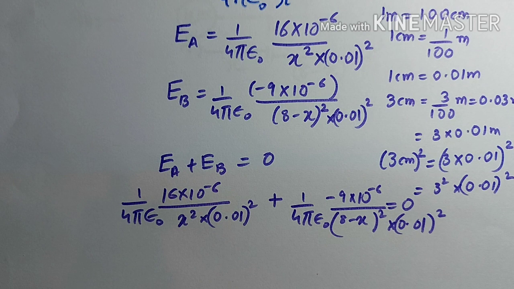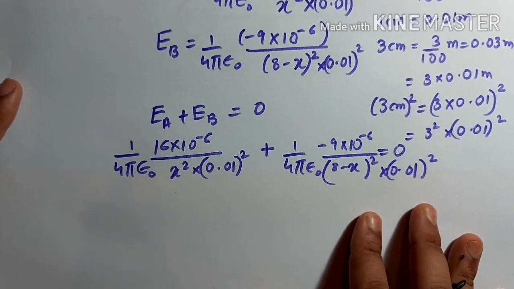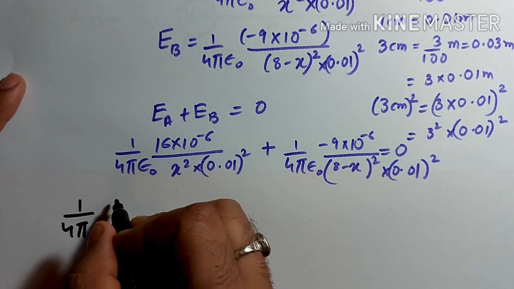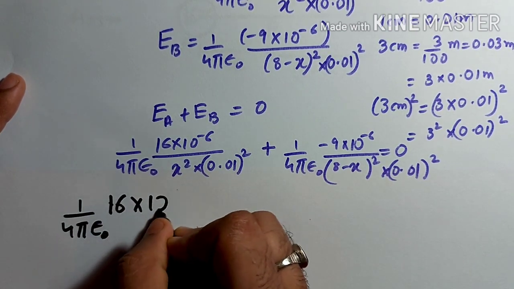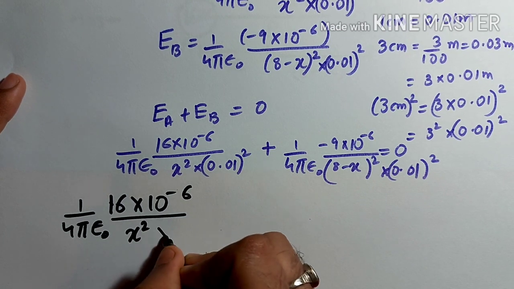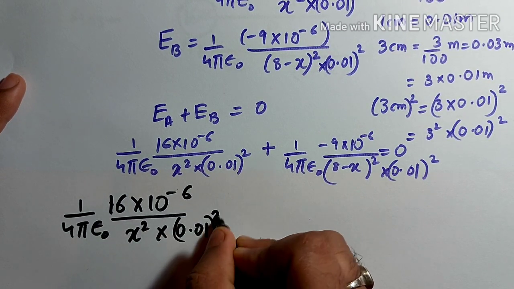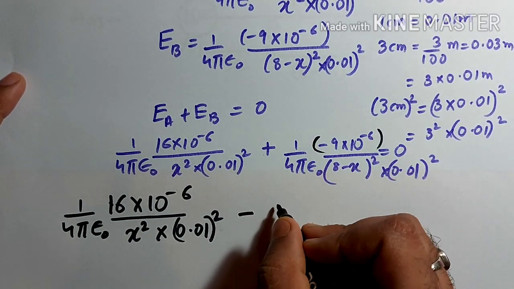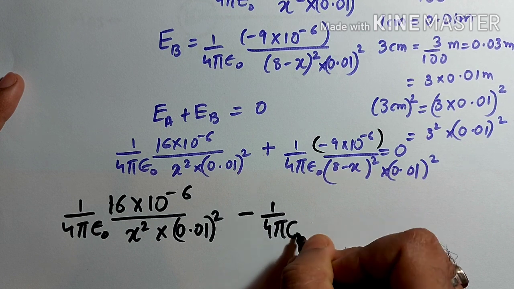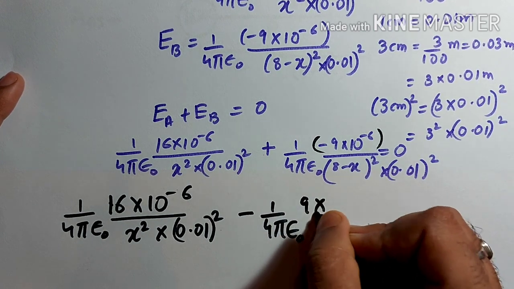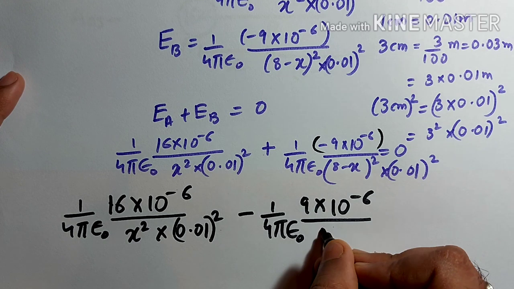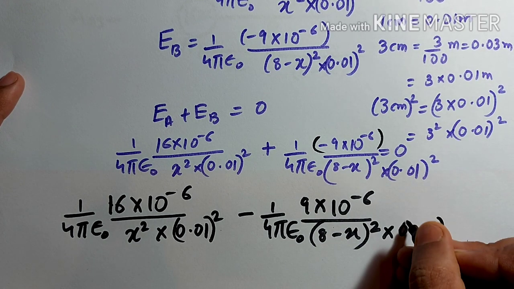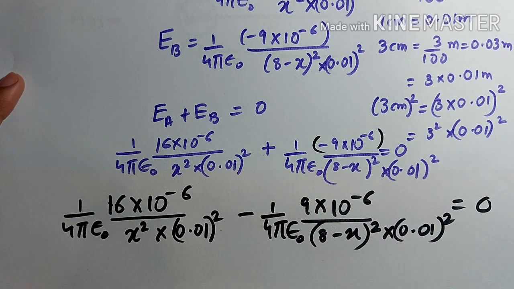Now, you can see that 1 by 4 pi epsilon naught 16 into 10 to the power minus 6 by x square into 0.01 whole square, plus and minus combine to form minus 1 by 4 pi epsilon naught into 9 into 10 to the power minus 6 by 8 minus x whole square into 0.01 whole square equal to 0.